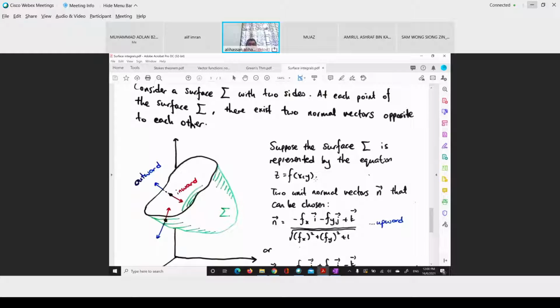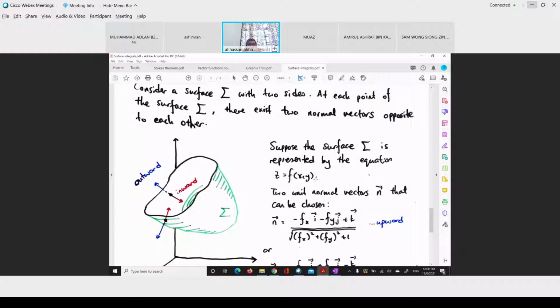Suppose we have a surface sigma that has a curve C as its boundary. If the surface is finite, of course it has a boundary. The orientation of the surface sigma induces an orientation of the curve C.